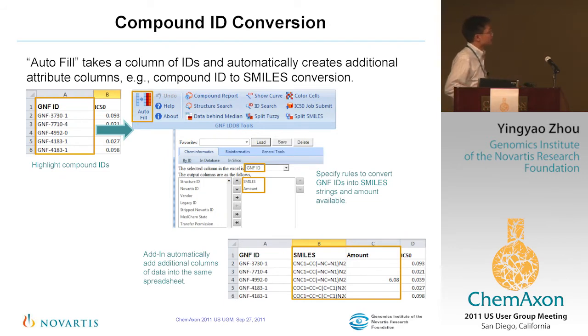But what I'm most interested in talking about today is actually not web page integration. That's kind of trivial, which we can all do. What I want to talk about is this autofill function.